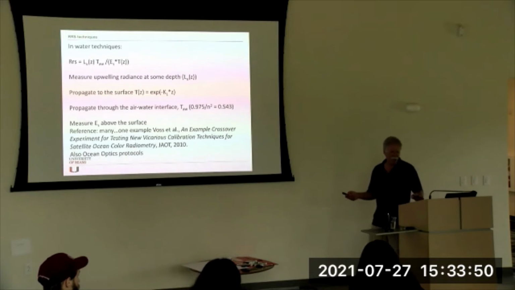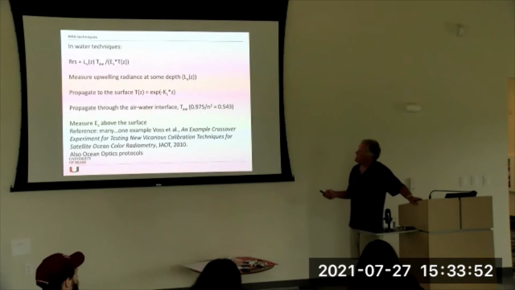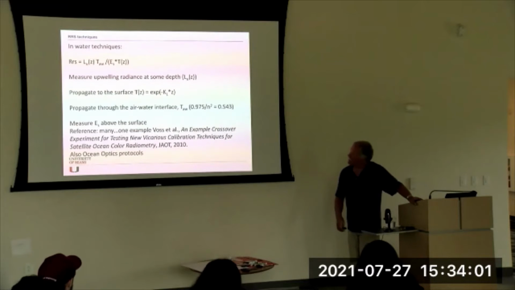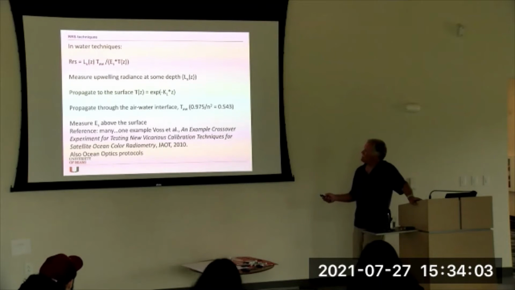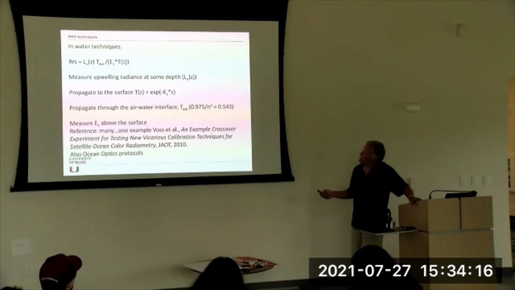So for in-water techniques to get the remote sensing reflectance, you make a measurement at some depth. That's the light coming straight up, nadir radiance LU at some depth. Multiply that measurement by the transmission at the air-water interface, and divide it by ES, and divide it by the radiance transmission from the surface down to that depth.